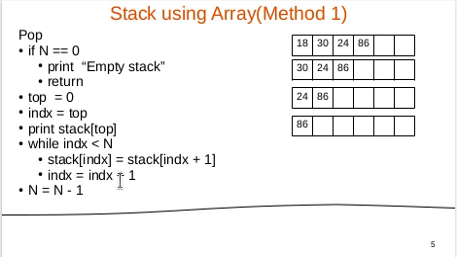Now index equals index plus 1, so this position is replaced by the next one, that means 86 will be here. Now index equals 3. So in the case of 3, stack of index is here, this will be copied here, so this is freed. Now index will be index plus 1, that means 4.